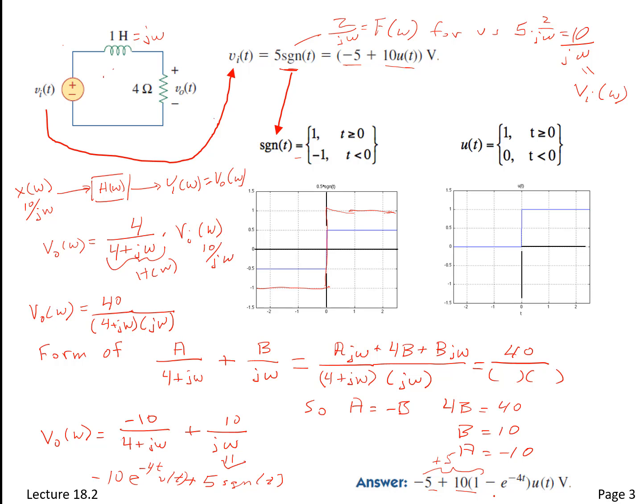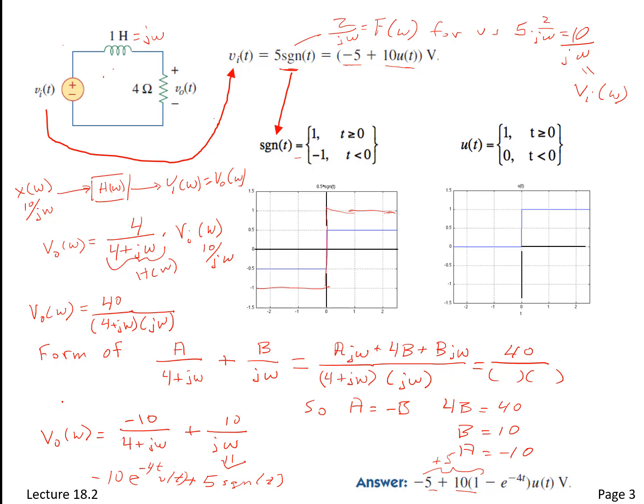We have the same answer: minus 10 e to the minus 4t. So we have that. We have 5. We just came at it a little bit cleaner, and then he separated. So we got the same answer they did. But key steps there: recognizing what signum is, doing partial fractions. But otherwise, we basically just applied Ohm's law and went at it that way.